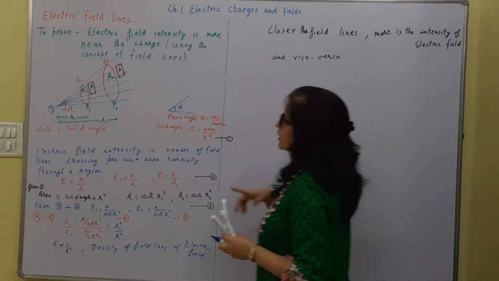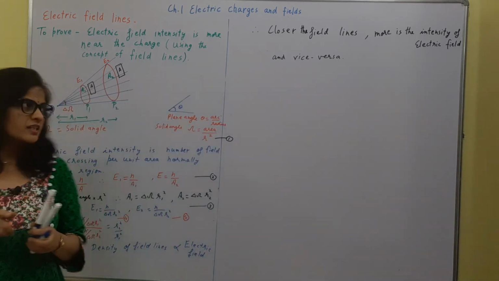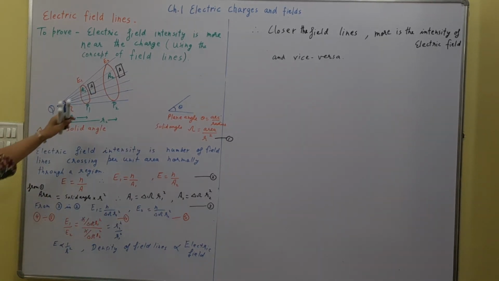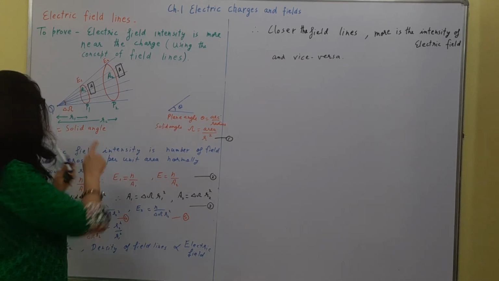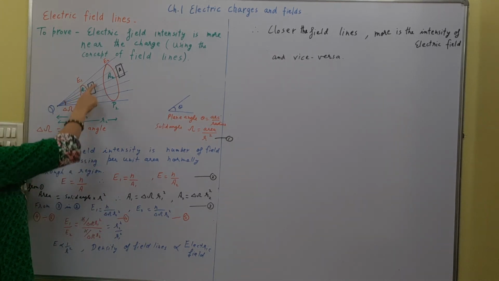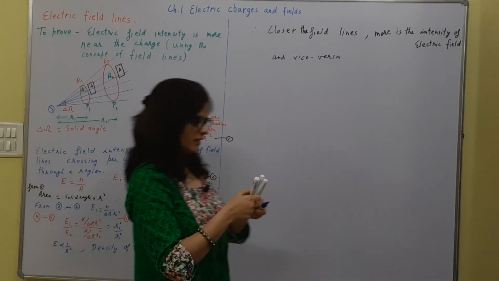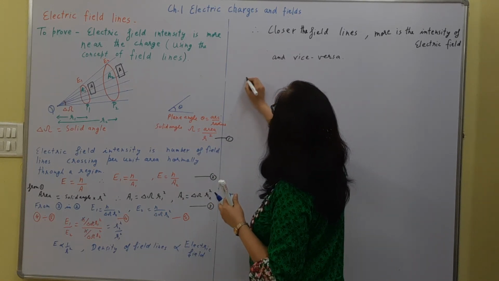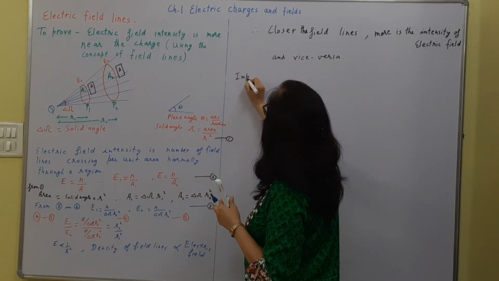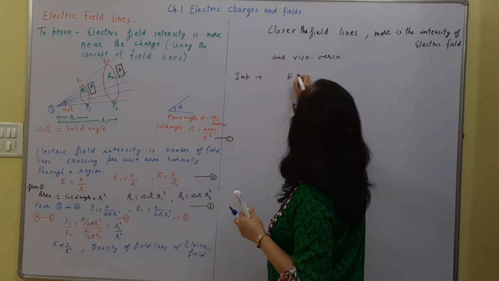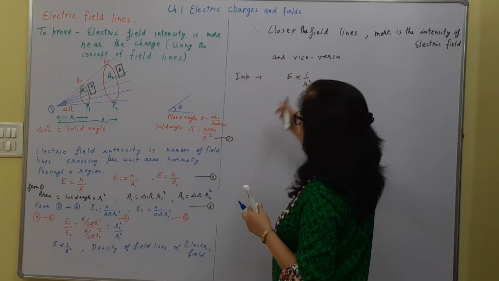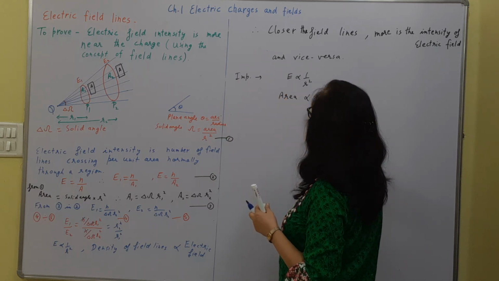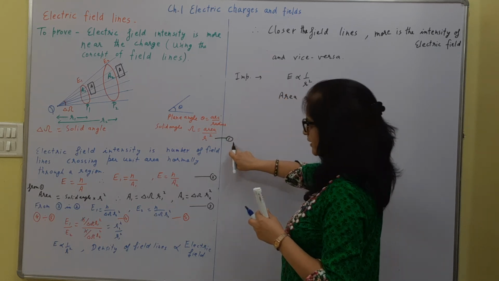Now moreover, why the same number of lines pass through both the areas? The same number of lines pass through both the areas, we can count on over here also, because the electric field is proportional to 1 upon r square, and we can see that area is proportional to r square.